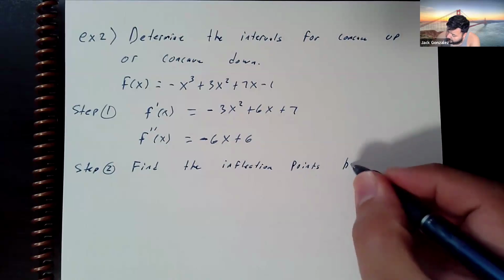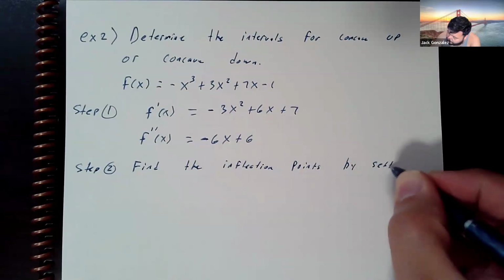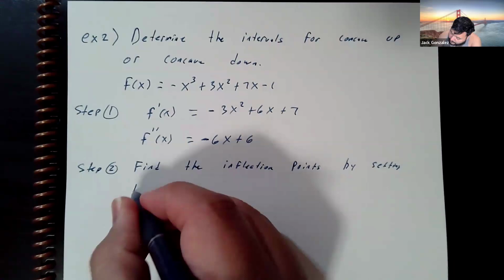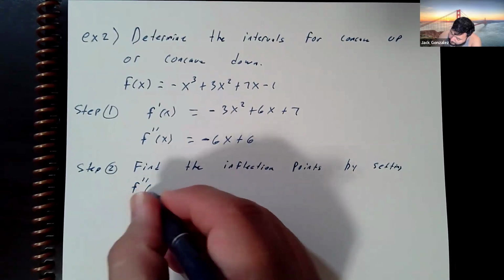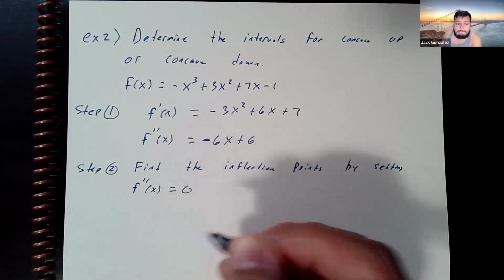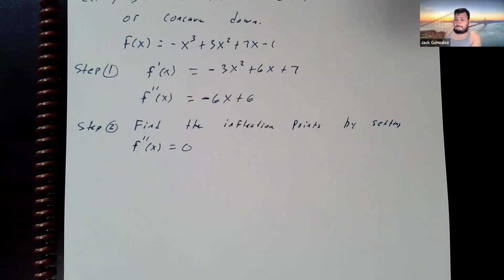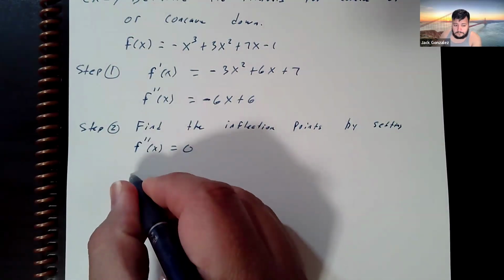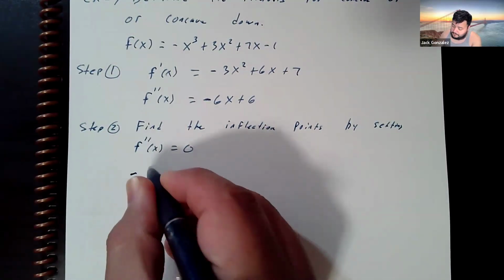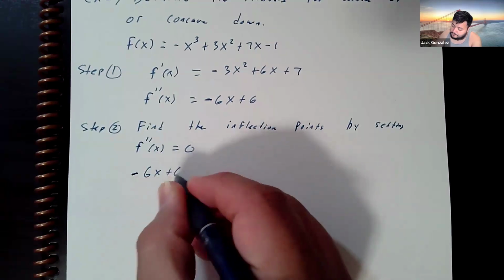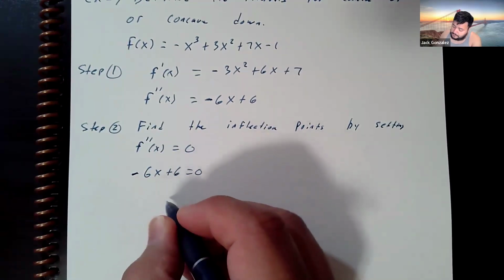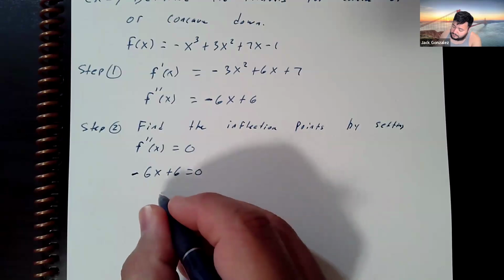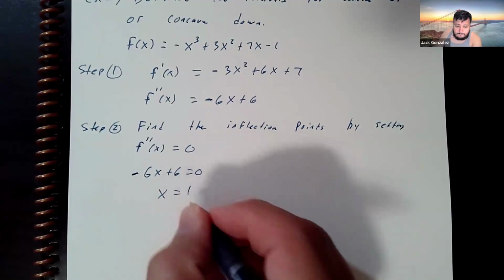So we find them by setting f double prime equal to 0. Looks like it's 1 again, right?